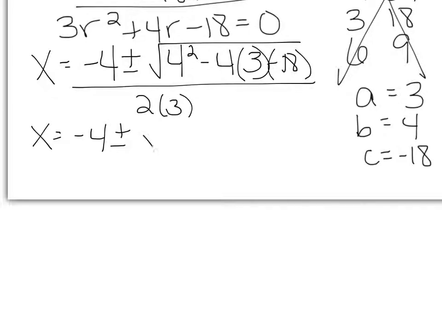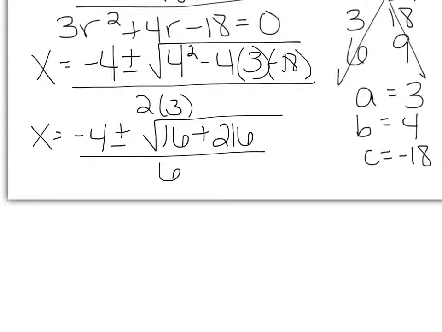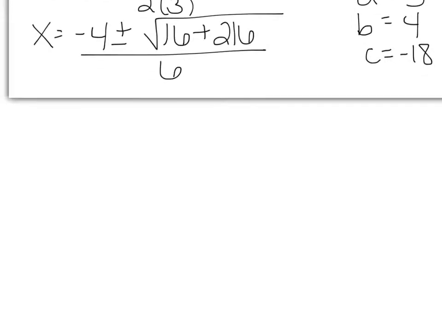Clean it up. 4 squared is 16. Negative 4 times 3 is negative 12. Negative 12 times negative 18 is positive 216, all over 6.